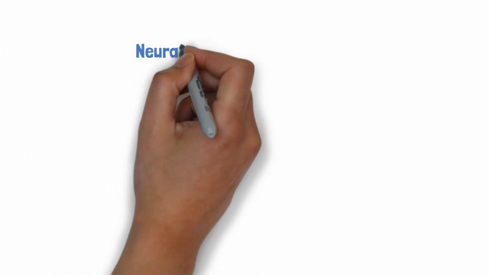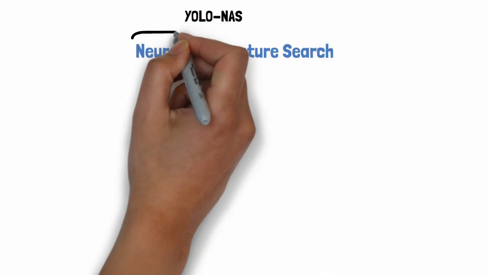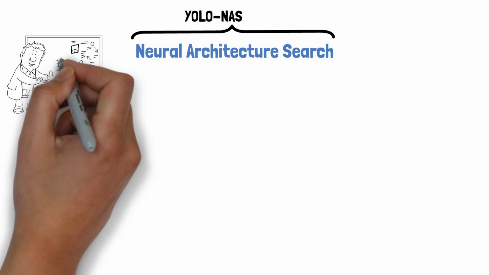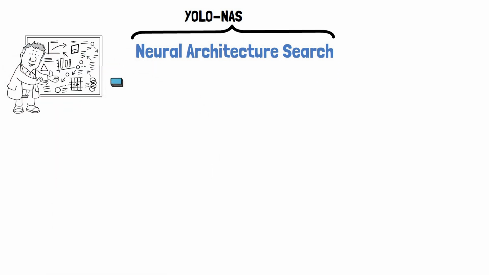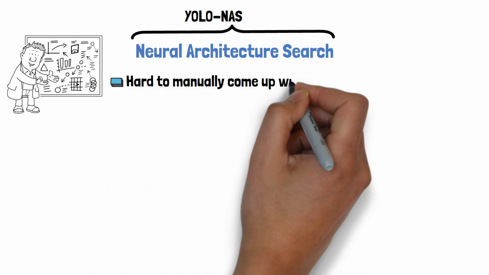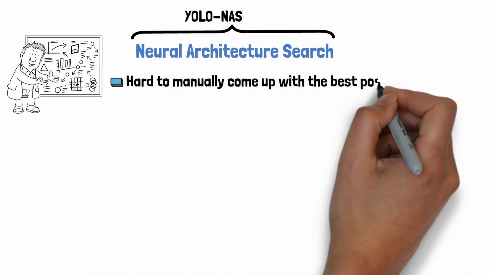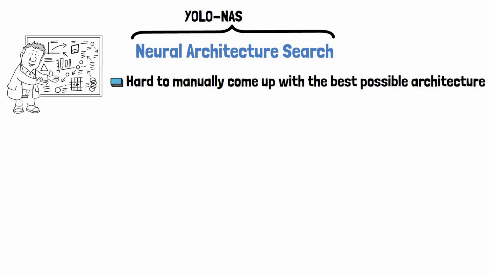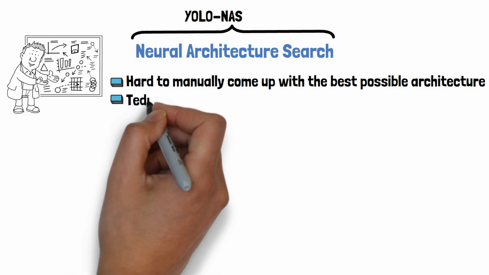Let's start with Neural Architecture Search, which is the meaning of the shortcut NAS in the YOLO NAS name. Most of the time, model architectures are designed by human experts. Since there is a huge number of potential model architectures, it is likely that even if we reach great results, we did not nail exactly the best choice of model architecture out there, and we could still find a different model architecture that would yield better results.